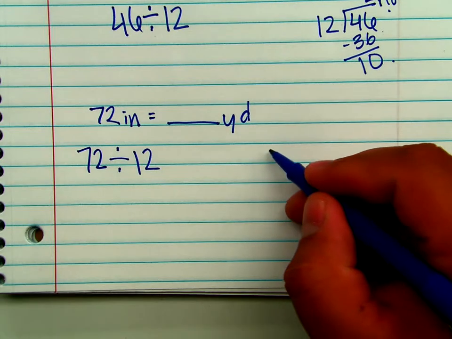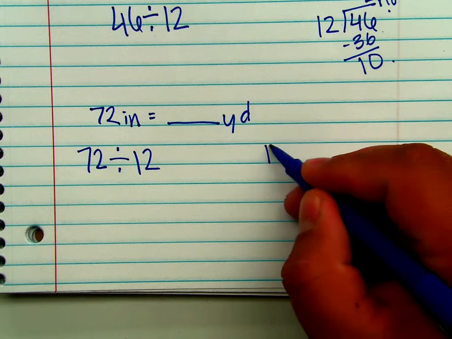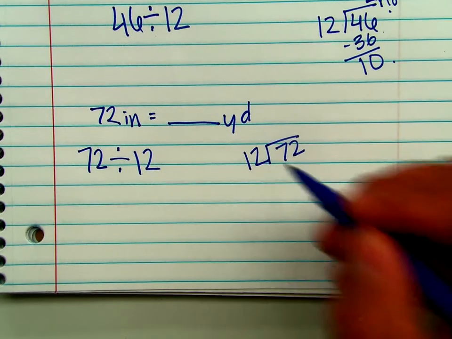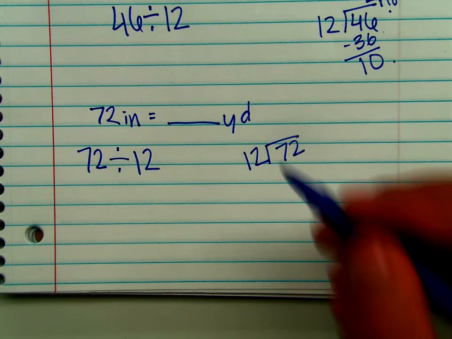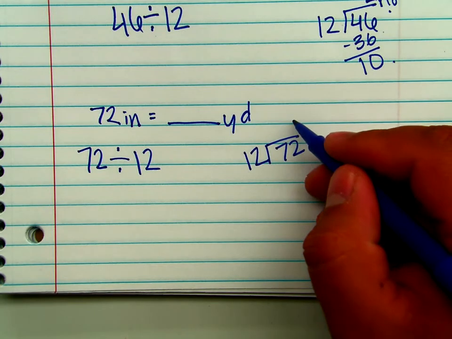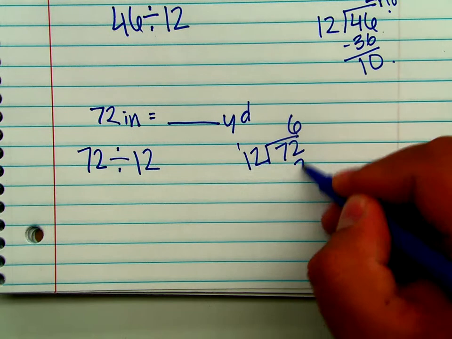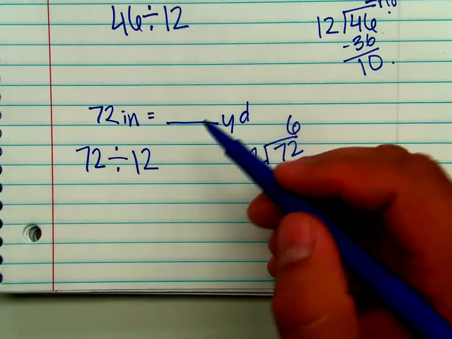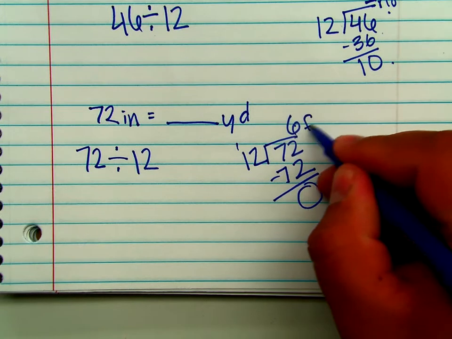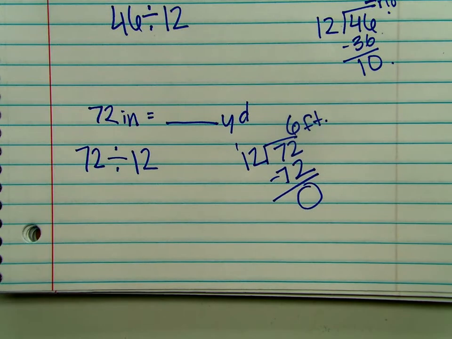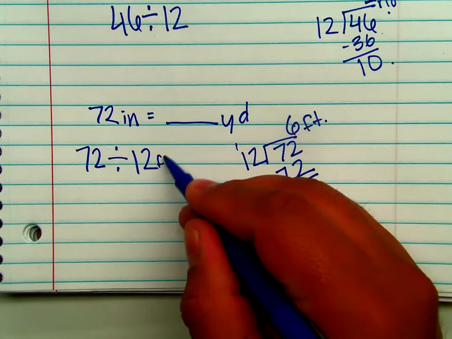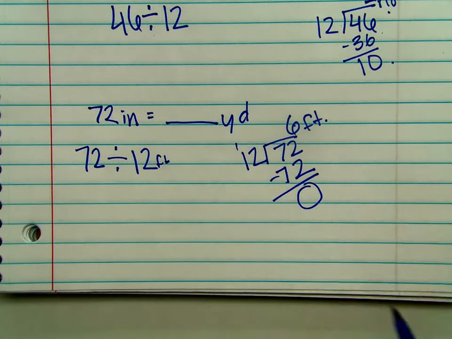And I can do 72 divided by 12. That equals 6. Well, that's actually 6 feet, right? So, because I had to go from inches to feet first, and now I have to go from feet to yards.